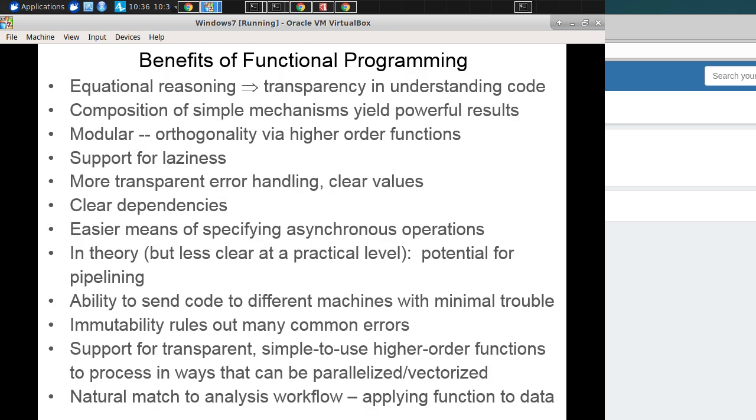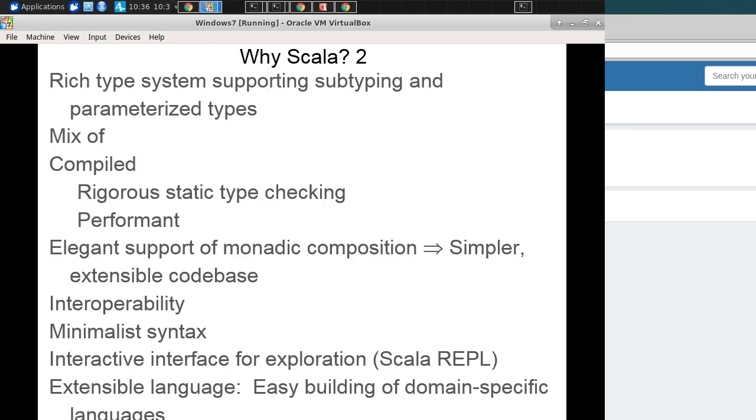Now, these are features of functional programming. Scala as a language has some notable features that support scalability beyond these, such as its use of a compiled language, supporting catching a lot of errors statically at compile time, and support for higher level constructs in functional programming, such as monads, while allowing us to interoperate with code bases in other languages, namely those based on the JVM, the Java Virtual Machine, and notably including Java.